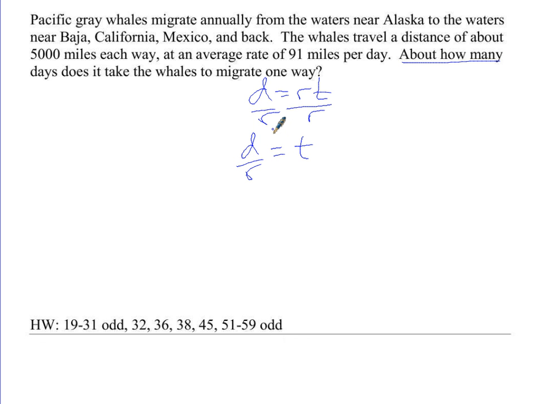Do I know what D is? It's 5,000, yeah. The whale's going to travel 5,000 miles one way. So that's going to be 5,000 miles divided by R, which is the rate, which is 91 miles per day. That's a rate. So 91 miles per day. So what is 5,000 divided by 91? 54.9.